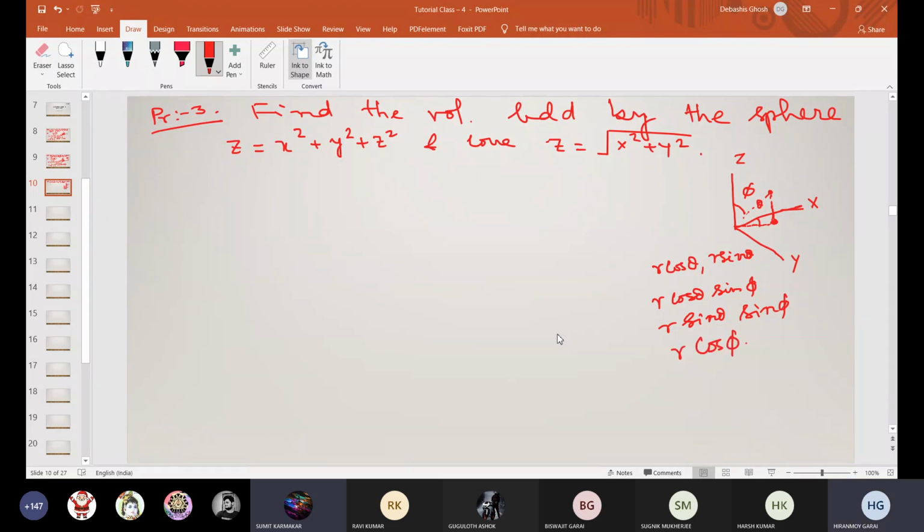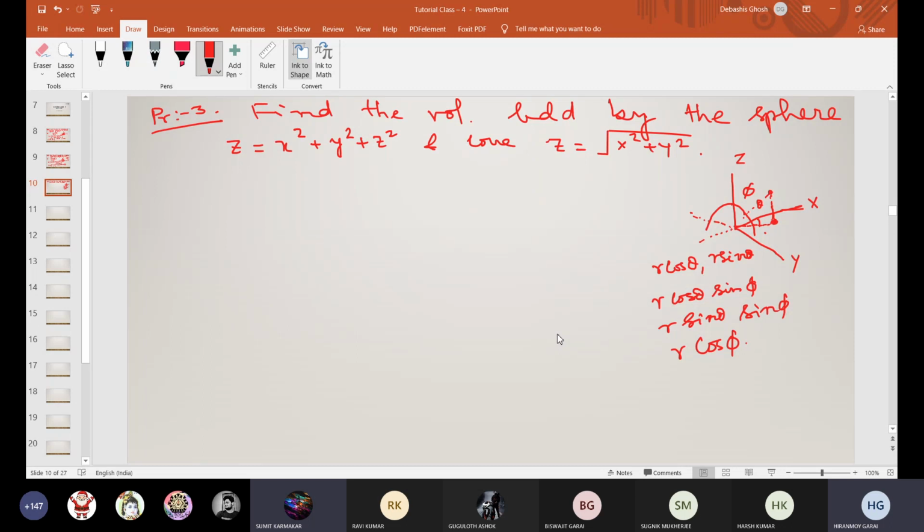Okay, now this angle phi has its range from the xy plane, this side, if you come to this one and up to this one, if you extend this portion, then you can see that it goes from pi by 2 to minus pi by 2, it rotates between that.